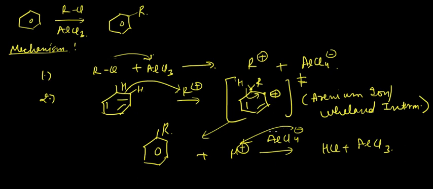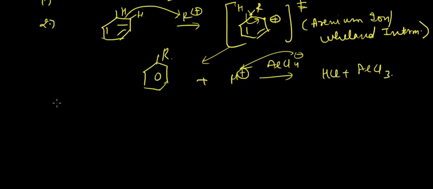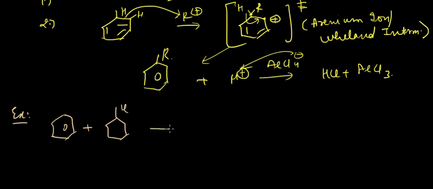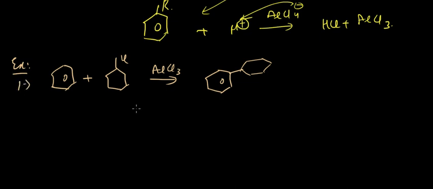Okay, so let us see some examples of the same reaction. If we have a benzene ring and a cyclohexane derivative in the presence of AlCl3, the benzene ring and the cyclohexane ring will form some compound like this.